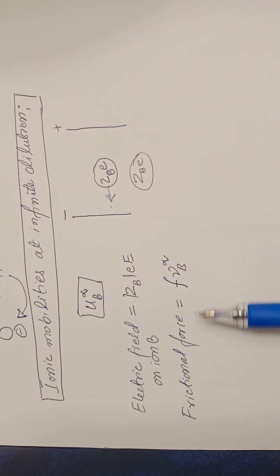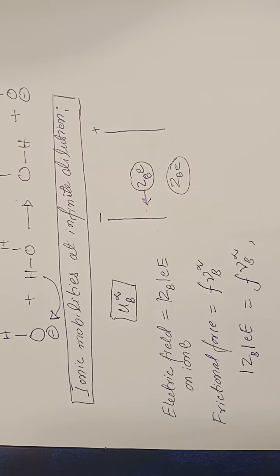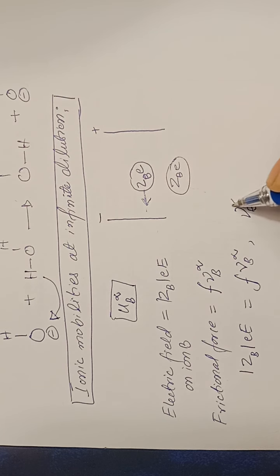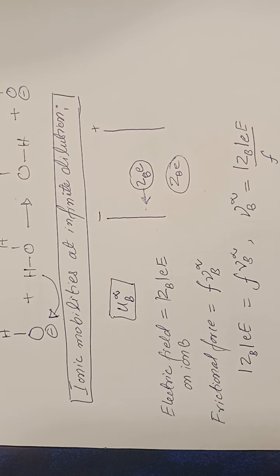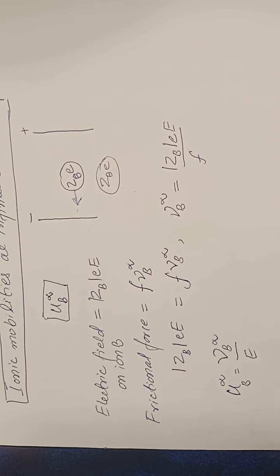When the frictional force and the electric force are balanced, these two forces are equal, and we can write the terminal speed, that is the drift speed at infinite dilution, as the electric force over the frictional coefficient. So the infinite dilution mobility is then equal to the terminal speed over the electric field.